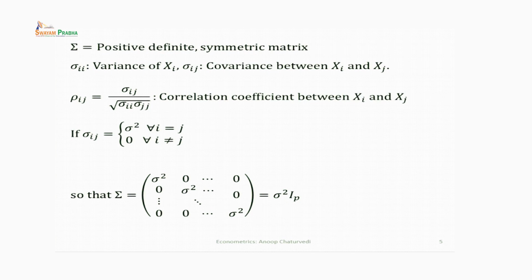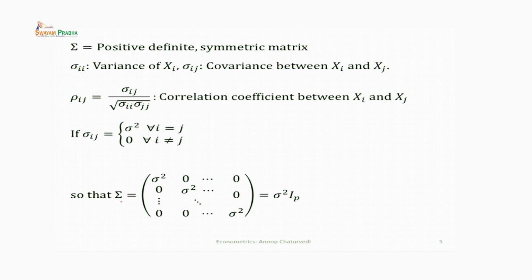In particular, suppose you take sigma ij equal to sigma square for all i equal to j and 0 for all i not equal to j. Means all the components of x have the same variance sigma square and the covariances are equal to 0. So, different components of x are uncorrelated with each other.